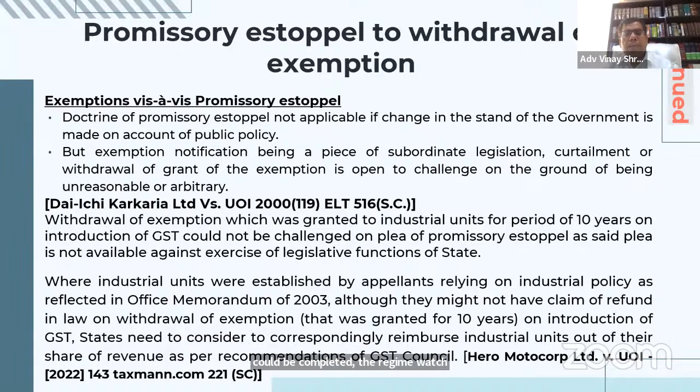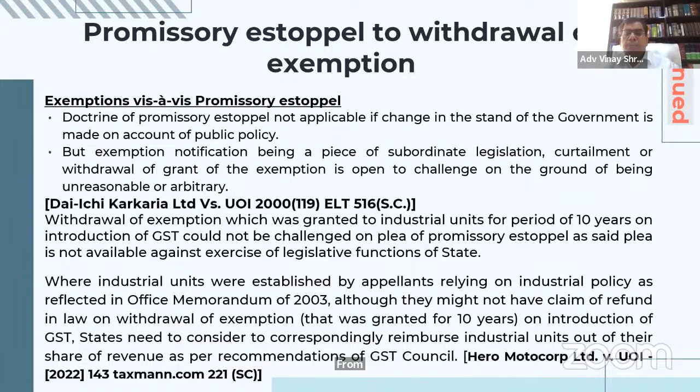So the question was whether, on the doctrine of promissory estoppel, the government can be forced to give the benefit of the exemption which was granted to the industrial unit for 10 years. It was said that such a withdrawal cannot be challenged because, again, the principle was that no challenge lies against the legislative function of a state.